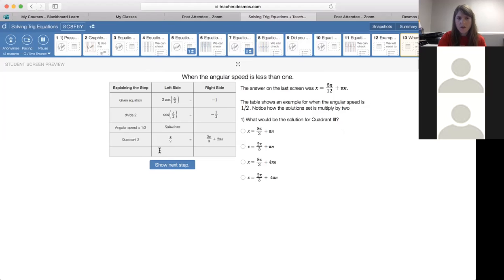So we're going to get x equals, and if we multiply by 2, 4 pi over 3 plus 4 pi n. Now, this is where I'm writing on paper, maybe I'll just stop the share and write it on the iPad so you guys can see what I'm thinking.